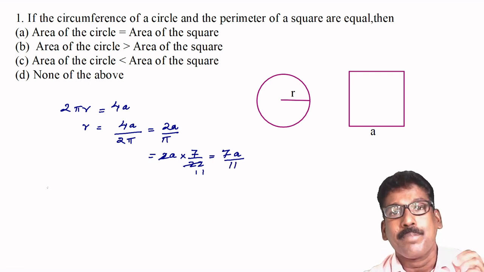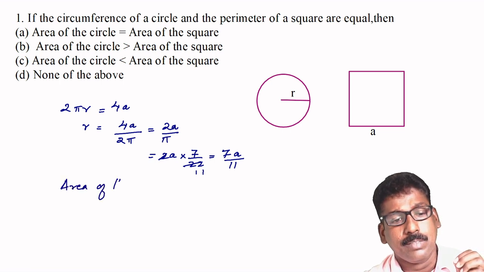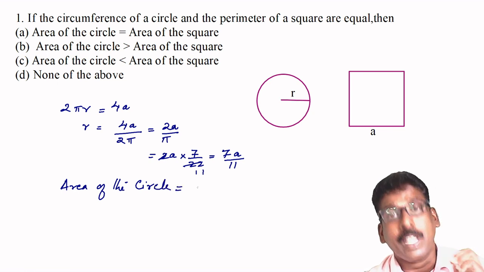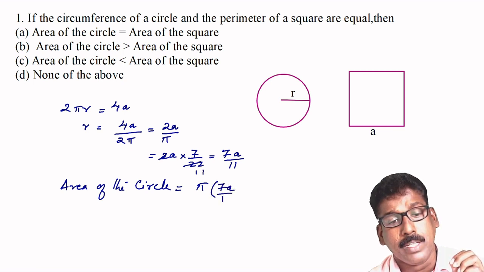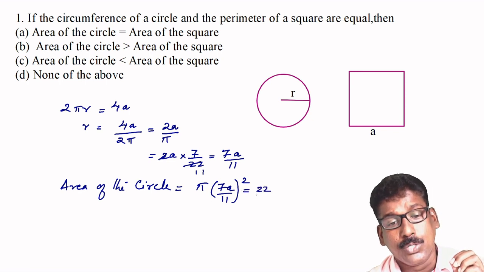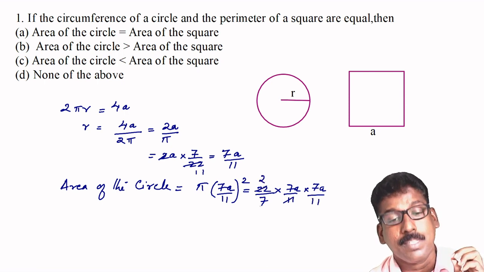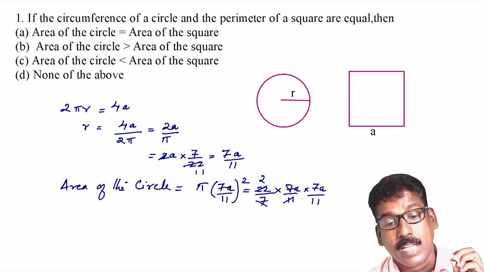This is r. Now let us look at the area of the circle. Area of the circle, you can write it as pi r square. Instead of r you can take 7a by 11 whole square, which is equal to 22 by 7 into 7a by 11 into 7a by 11. 11, 22, 2 times, 7 cancel.